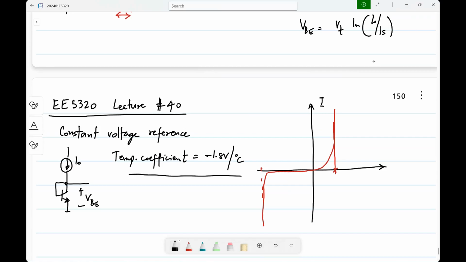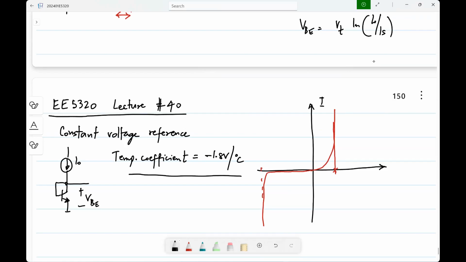So we can consider 0 to 100 degrees as the normal operating range for most commercial purposes. If it is linear over that range, it's actually varying by 180 millivolts. The voltage itself is 700 millivolts, so it's a very large fraction of that. Okay. So it's actually not very useful because of its very high temperature sensitivity.